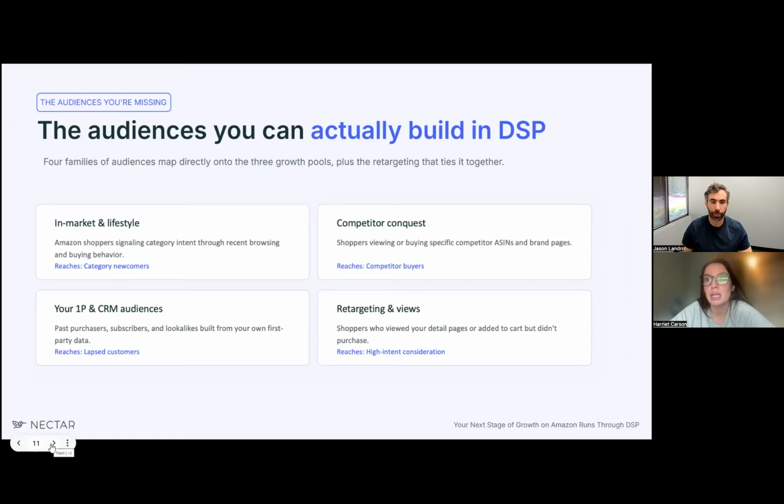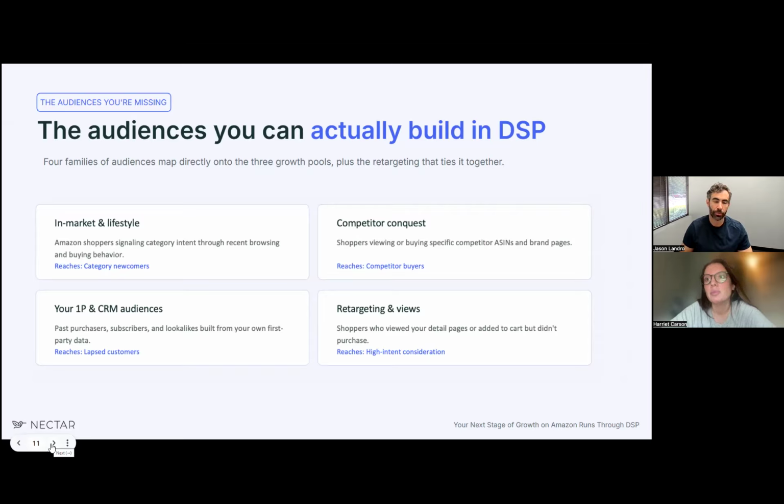If you're a supplement brand selling vitamin C and you're targeting users who have viewed competitors' vitamin C product detail pages, you need to remember to exclude anyone who's recently purchased that, because if they've bought a 90-day supply of vitamin C, they're probably not going to be back in market for another 90 days, or however long the look back window is. So make sure you're making use of your budget in a way that's strategic.